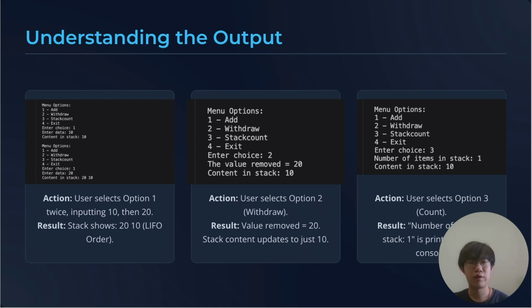Next, if I select option 2 to withdraw, just like the middle picture, the program will remove and print the number 20, leaving only 10 in the stack. And just like the right picture shows, finally, if I choose option 3 to count, the program will output that there is exactly one item in the stack.